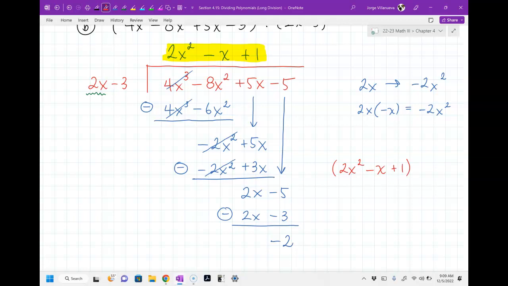And now I got to write my remainder. Okay? So my remainder is going to be this number right here, negative 2, over this number right here, 2x minus 3. So, negative 2 over 2x minus 3. And this is my answer.